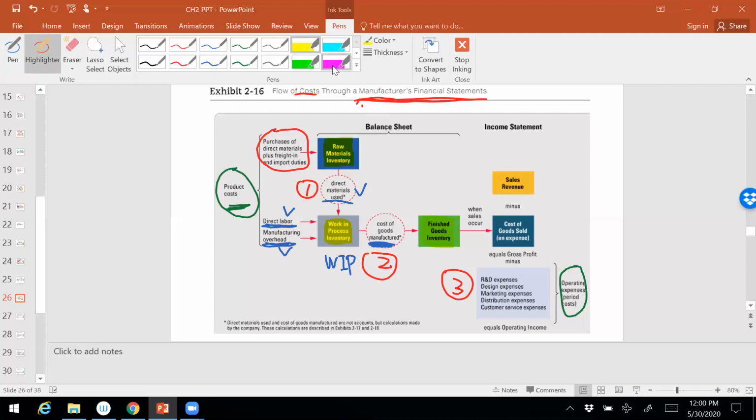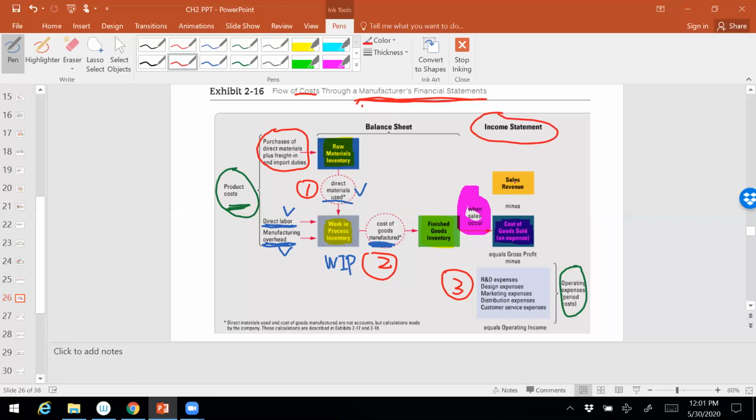And then when we sell our finished goods, it will become cost of goods sold. So this side is the income statement. We have been talking about this many times.